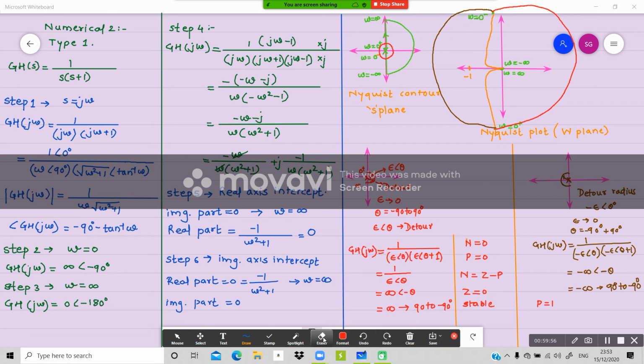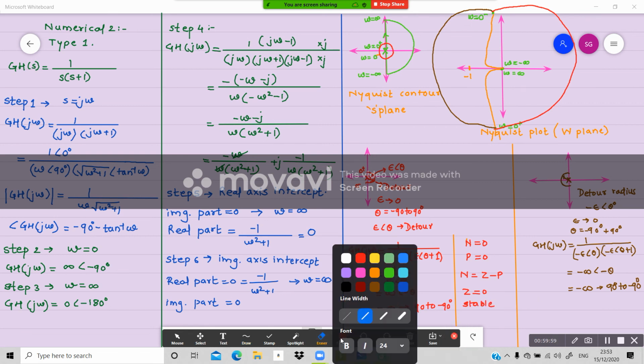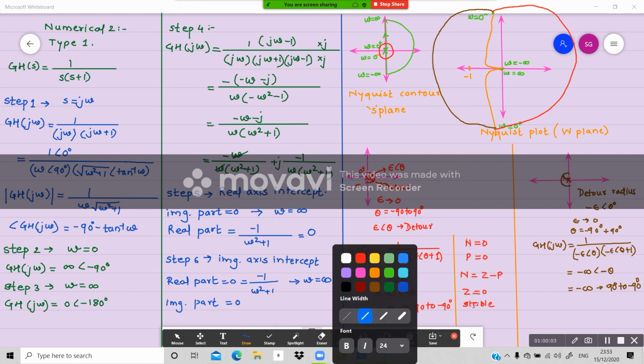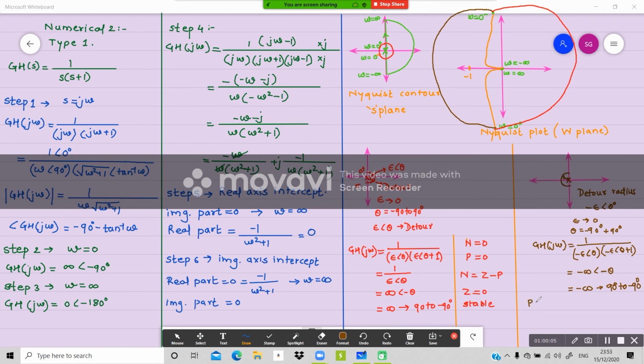Agree with me, right? Now I'll write this with the same color. You are having P equal to 1 now because you completed the detour on this side. But you observe the path. Path is this one. Correct. So you can see one encirclement is there around this minus 1 and in the opposite direction.